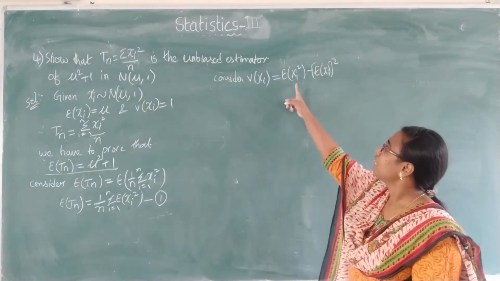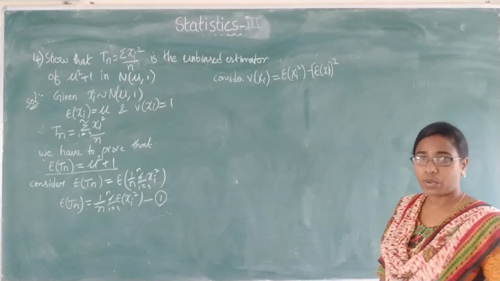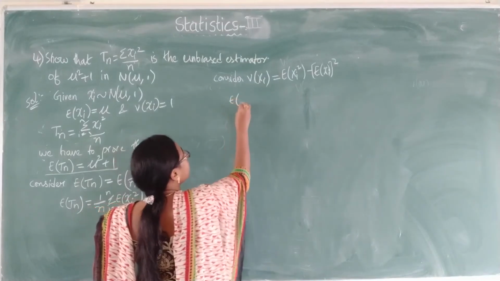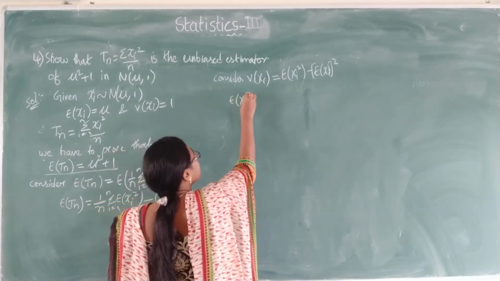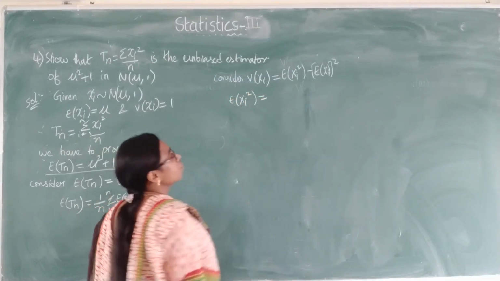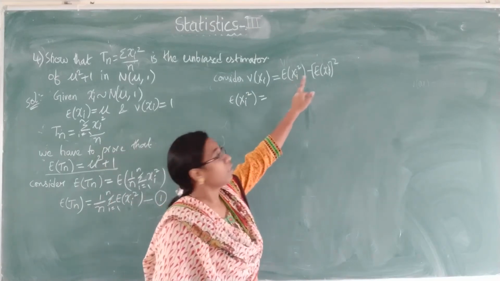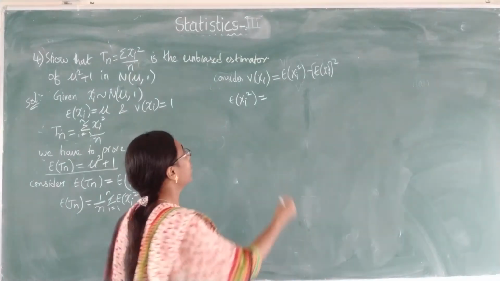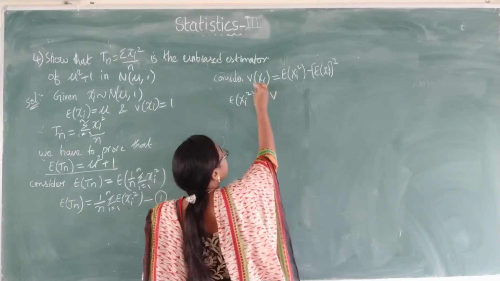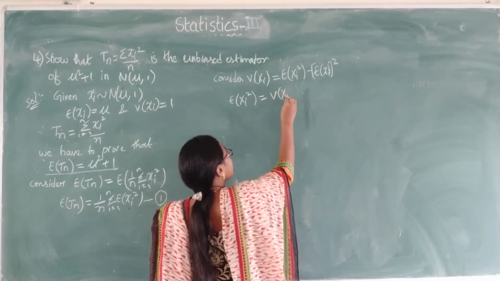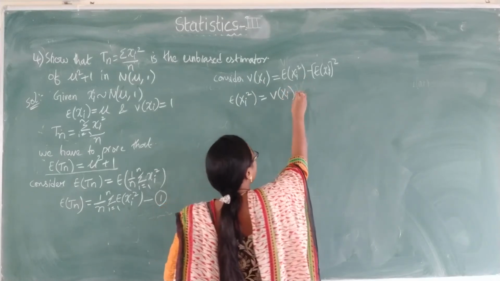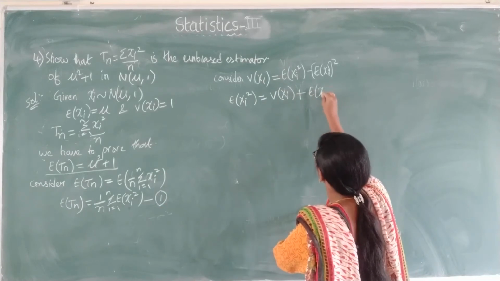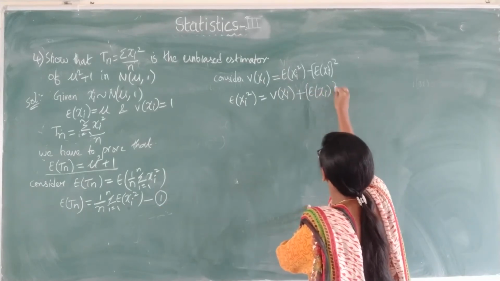Now I want the expectation of xi square, so I send the minus term to the left hand side. It becomes expectation of xi square equals variance of xi plus expectation of xi whole square.